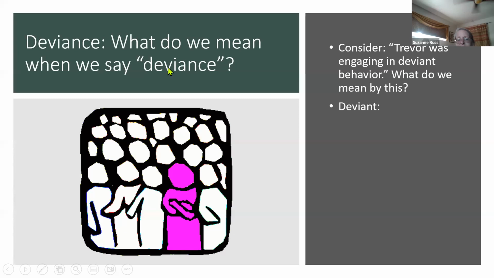So when we say deviance or deviation, what do we mean when we use it in our common language? Someone, for example, might say, Trevor was engaging in deviant behavior. You might hear people in a school say this. If someone made this statement, what would they be saying about Trevor's behavior?